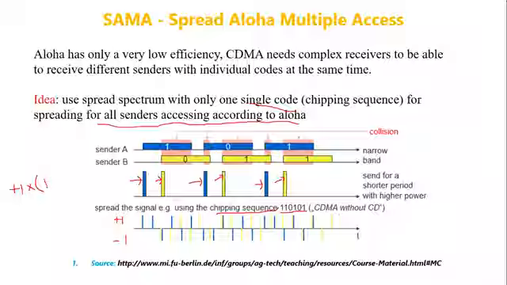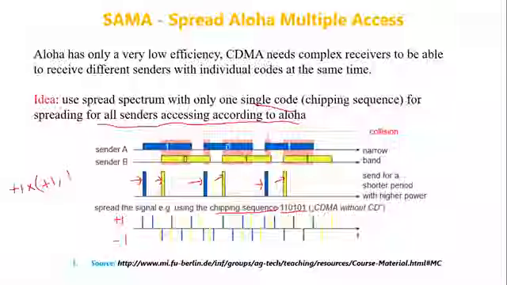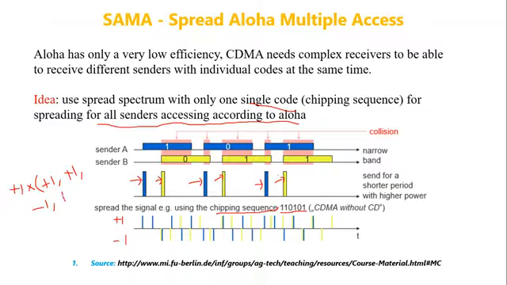Double one will be represented as +1, +1, then 0 is -1, again +1, again 0 is -1, again +1. When you multiply 1 with this, you get the same thing: +1 +1 -1 +1 -1 +1.